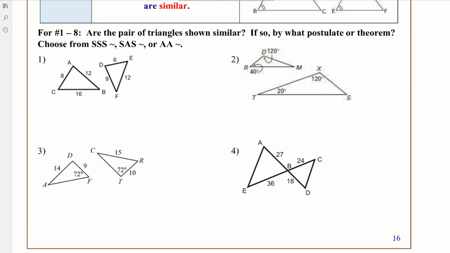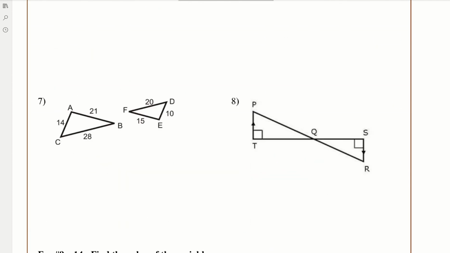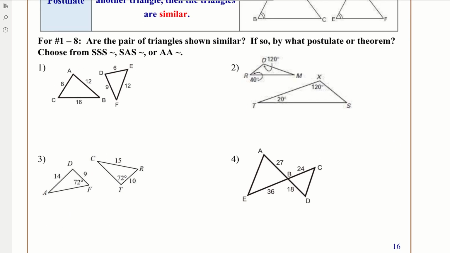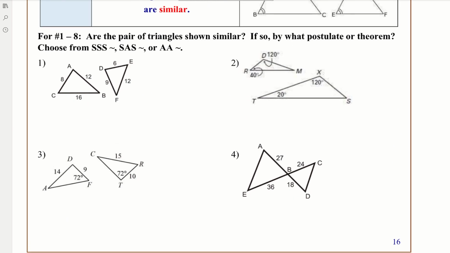So let's go ahead and go through these examples 1 through 8. We're going to try to zip through this quickly. Are the pair of triangles shown similar? If so, by what postulate or theorem? Let's see here. I'm going to check to see if these side lengths are proportional.